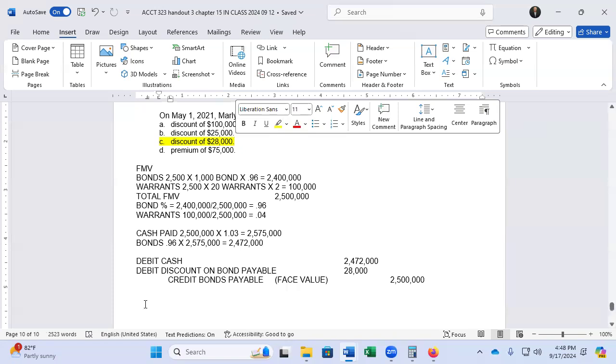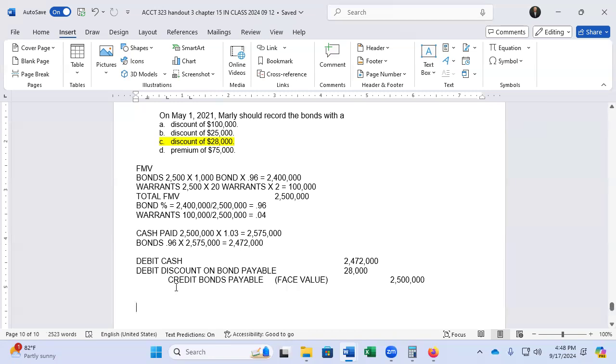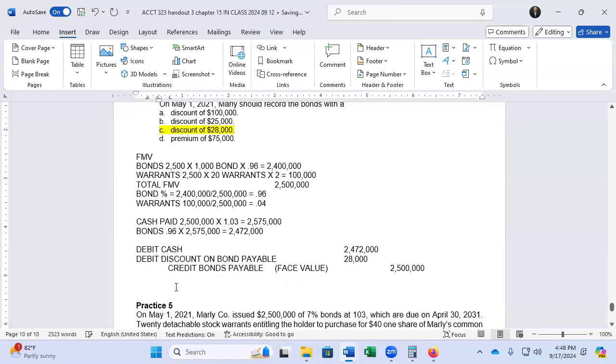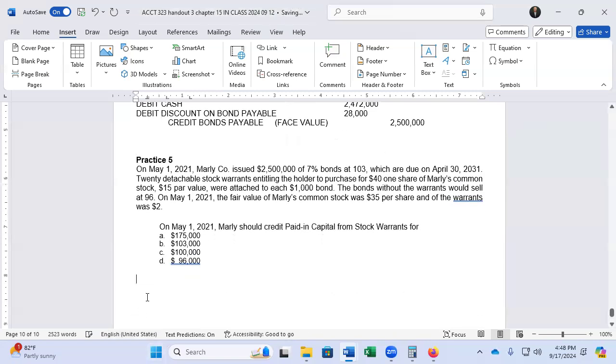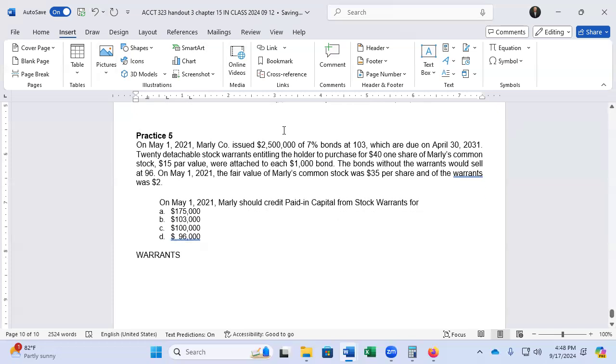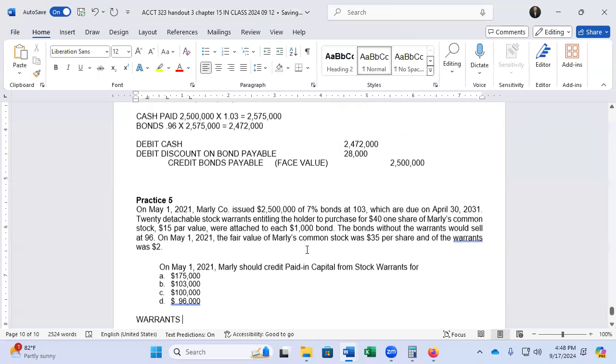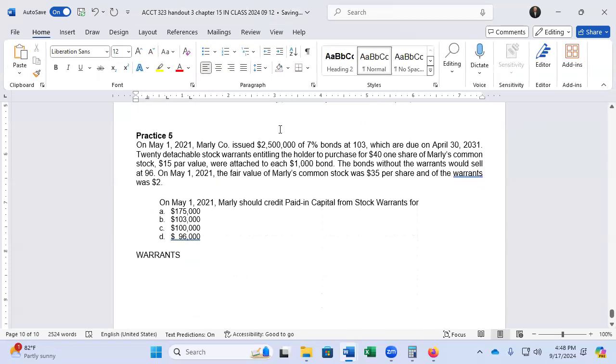And then what was the rest assigned to warrants? I'll just go ahead and answer this one. So we had 2.575 million minus the 2.472 million.